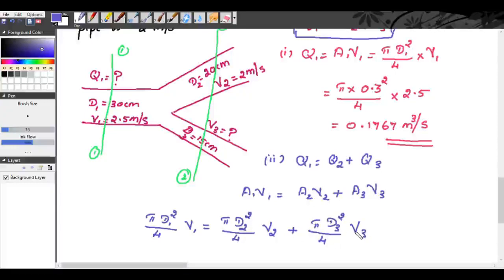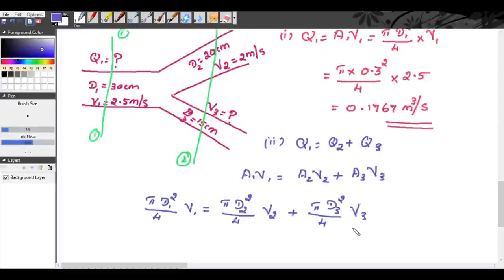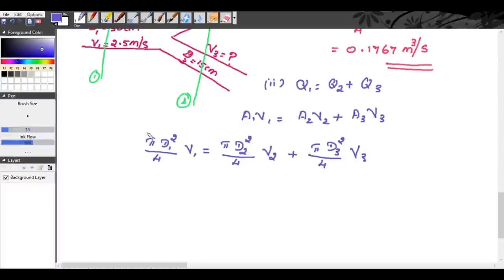See, you can do it in another way also. You can find A1 V1, find A2 V2, and substitute all the values here also. Just for easy purpose, I am writing like this. So you can cancel this pi by 4, pi by 4, pi by 4 everywhere.